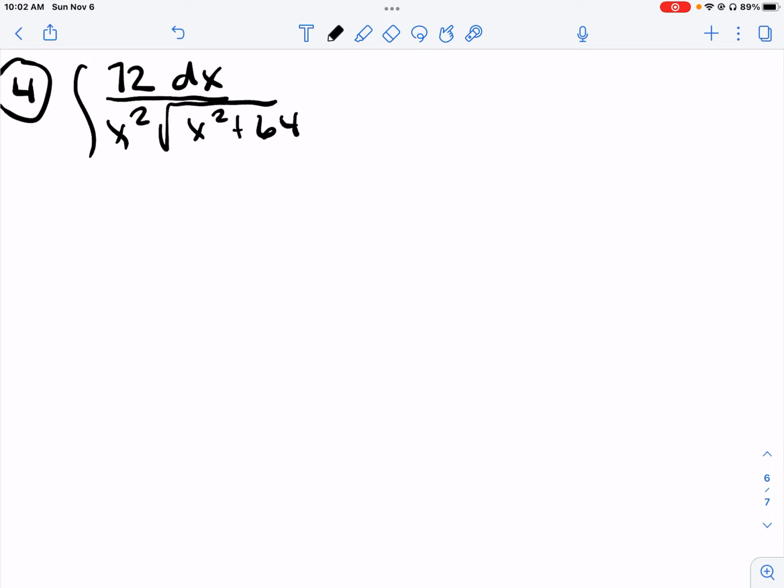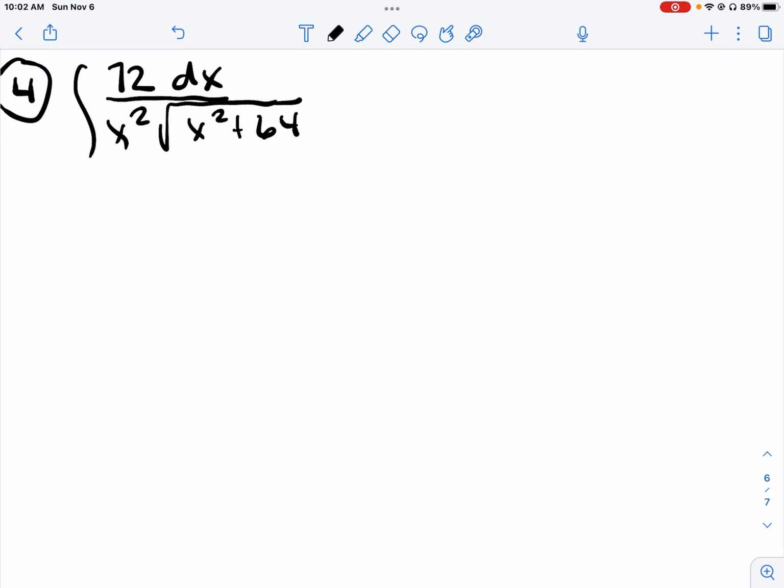Okay, number 4. Okay, when we have x squared plus a number, that's when we use tangent.